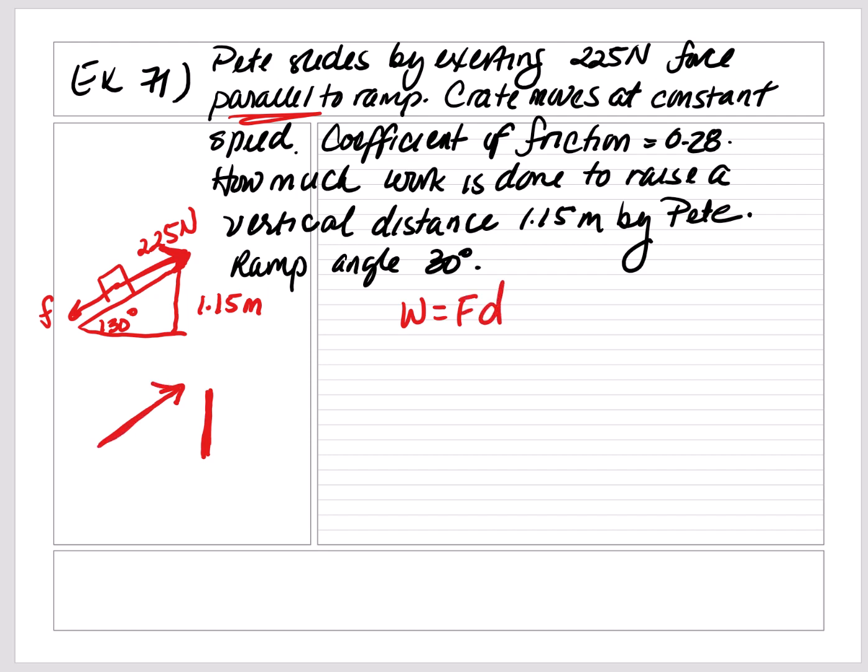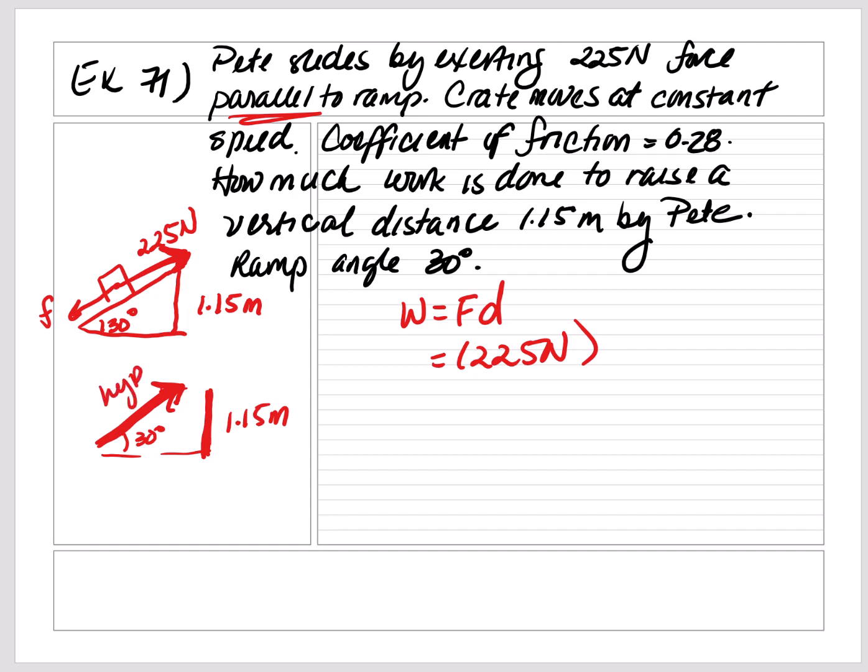If I use 225 newtons, I need to make my 1.15 meters into my hypotenuse. To do that, the angle that I gave you on your paper is 30 degrees. This is 1.15 meters. To make it parallel, I need to find the hypotenuse.